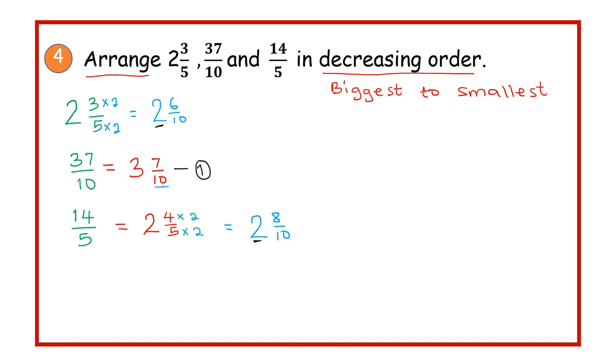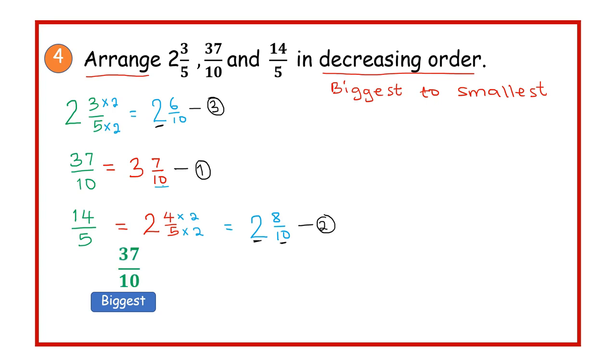Next we look at the proper fraction, 6 out of 10 and 8 out of 10. We know that 8 is bigger than 6, so this will be number 2, and of course this will be number 3. So we can write them in order from the biggest.